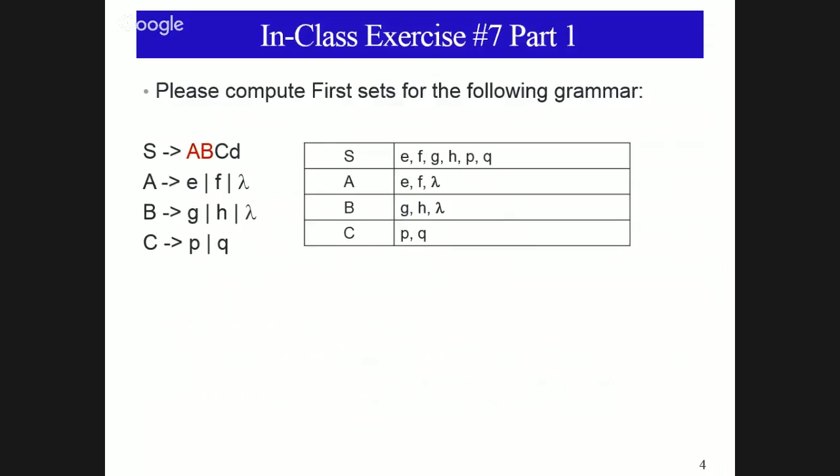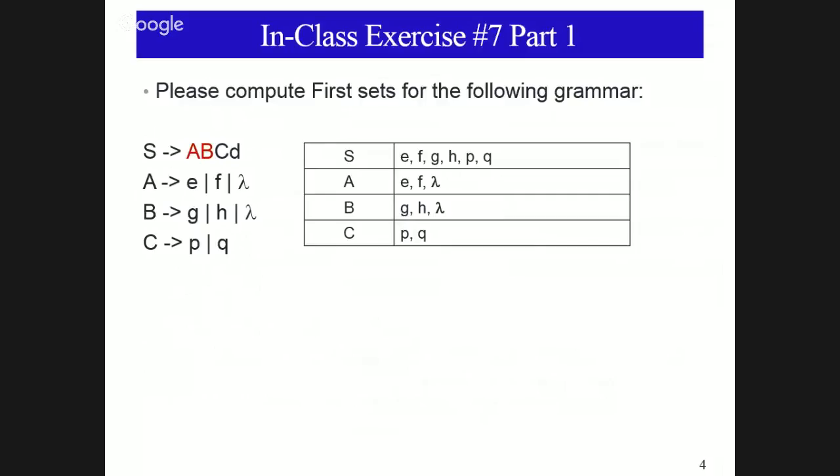Okay, so this is very similar to what we just saw. C has P and Q. B has G, H, and lambda. A has E, F, and lambda. S, okay, so instead of just A, B, C, now it has big A, big B, big C, and big D. Big A, lambda, big B, lambda, big C, no lambda.